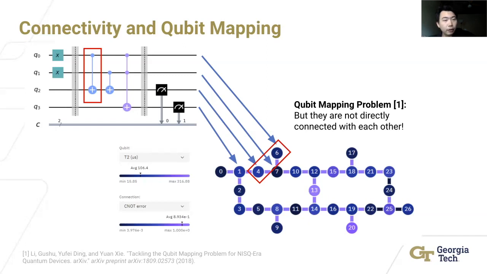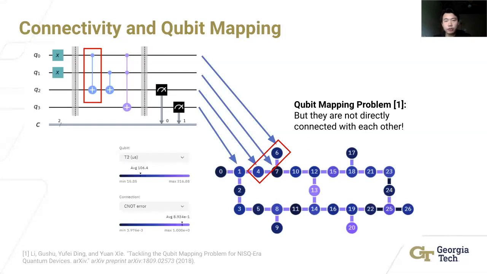Since on the software level the first and third qubits are not connected, we want to do a CNOT gate on them, but on hardware they're not directly connected, which means we will not be able to directly run a CNOT gate on them. So the solution is that we usually insert swap gates into the circuit: by transporting the quantum state of qubit 4 to 7, we do the CNOT there, and then we swap it back.